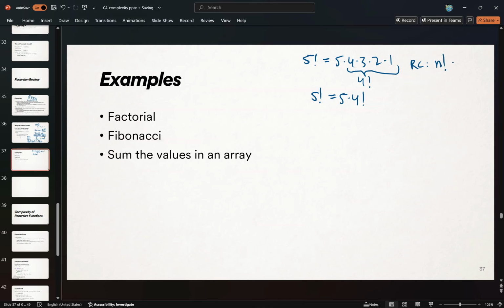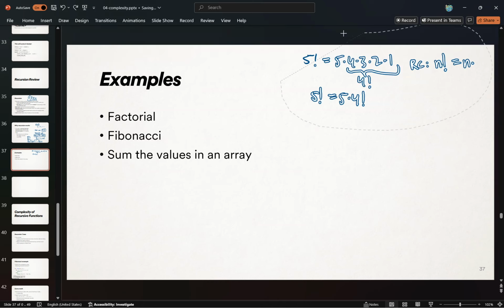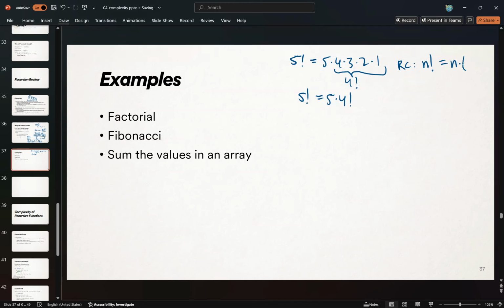Extrapolating from this, n factorial is equal to that same n times n minus 1 factorial. See it? I'm just extrapolating from the 5 factorial example; set n to be 5. Okay? That's what that is.